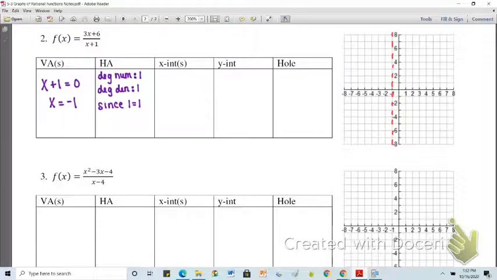Remember, these are the numbers in front of the letter that gave us our degree. So in this case, it would be y equals 3 over 1, which is 3. So the equation is y equals 3. So I'll put a horizontal line at 3.